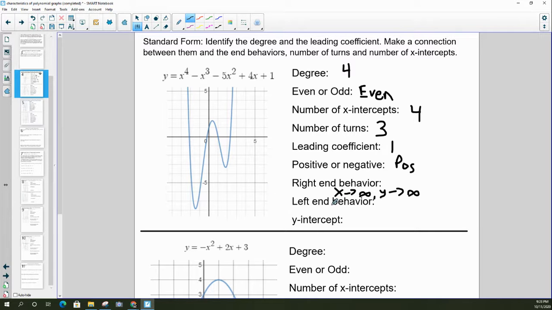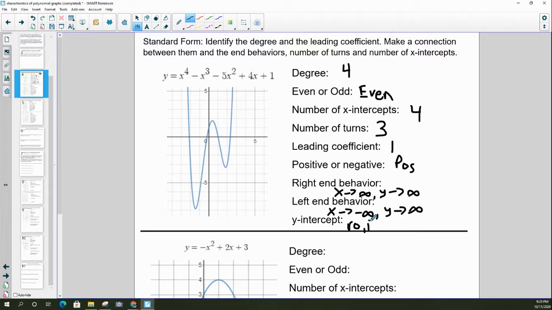The left end behavior, as x approaches negative infinity, what is y approaching? y is also approaching infinity. So you can see that they're approaching the same. They're both going up. And what's the y-intercept here? The y-intercept here is (0, 1).